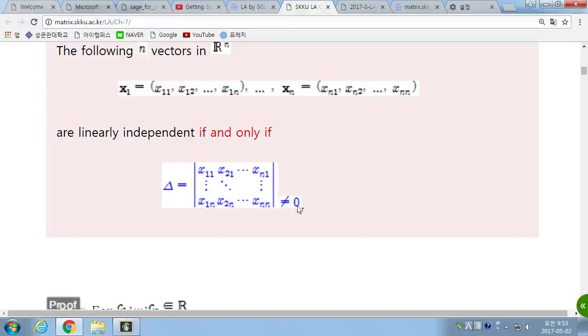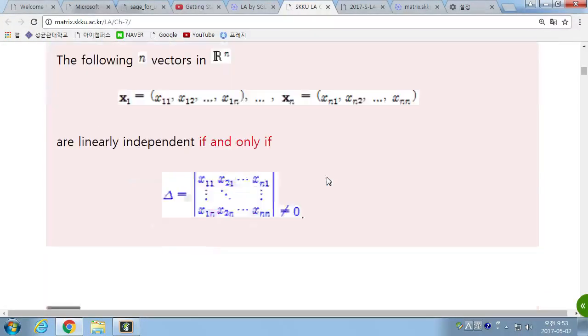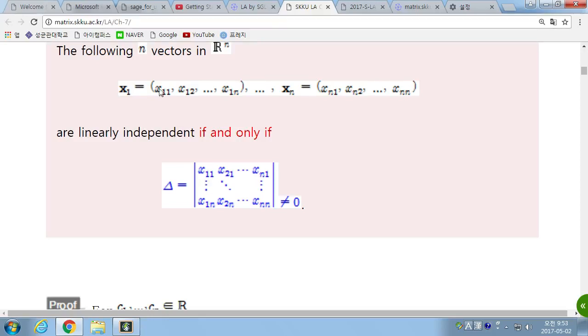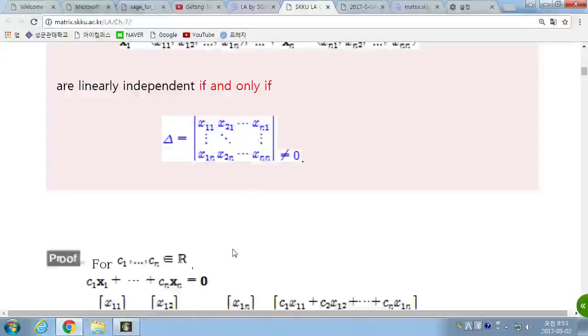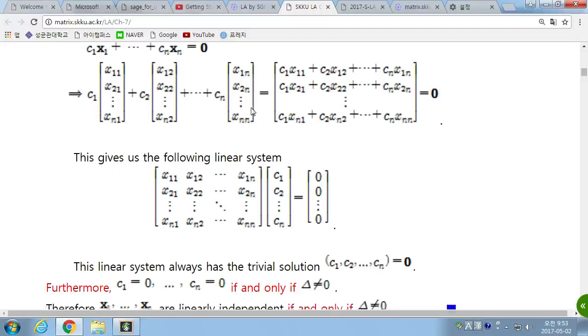If it is not 0, then from the invertible matrix theorem, you know the column vectors are linearly independent, and the row vectors are linearly independent. There are more than 10 equivalent statements we have. So you can show the column vectors are linearly independent by using the determinant from the theorem.